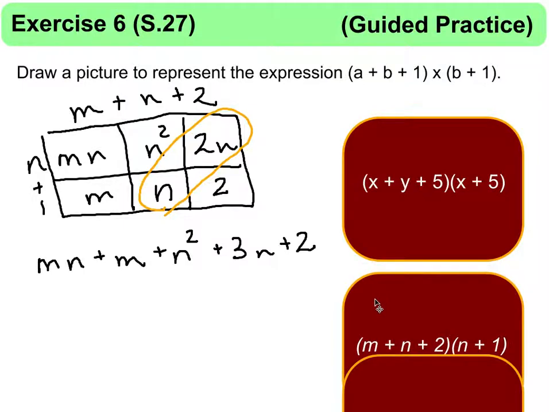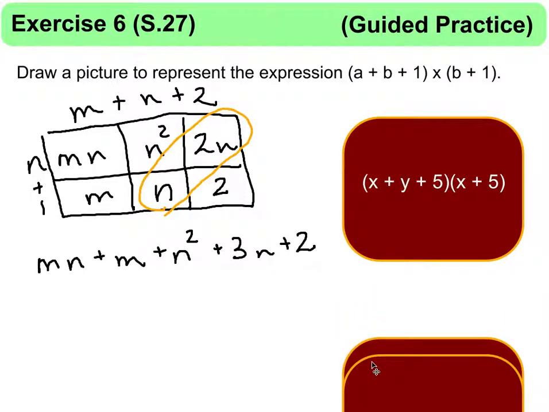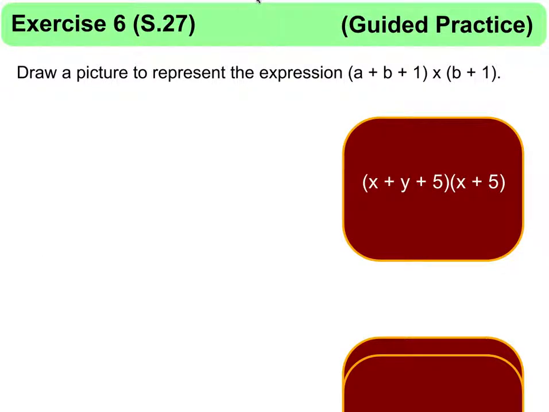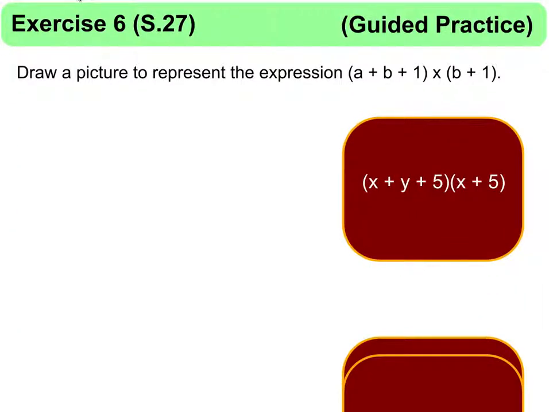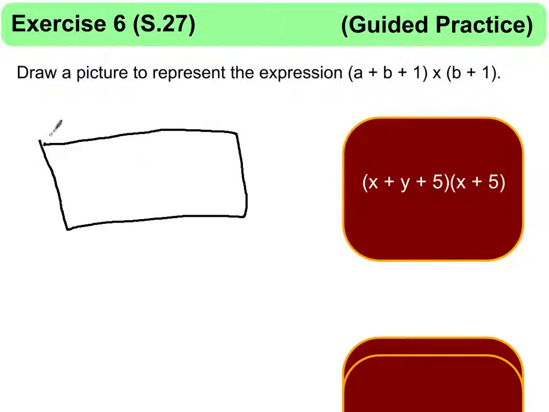The last one is another one, again, very similar in design, to where we will take and draw another particular box. We'll write the x plus the y plus the 5, and then the x plus the 5.